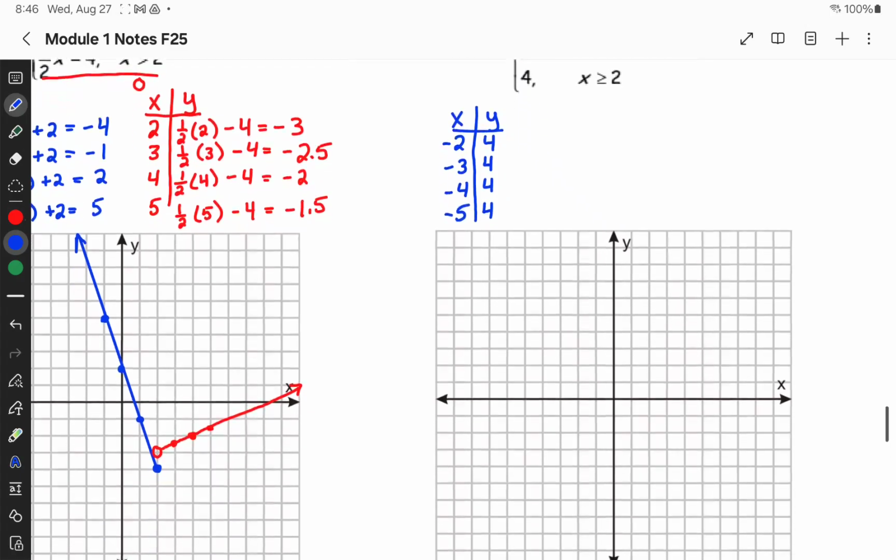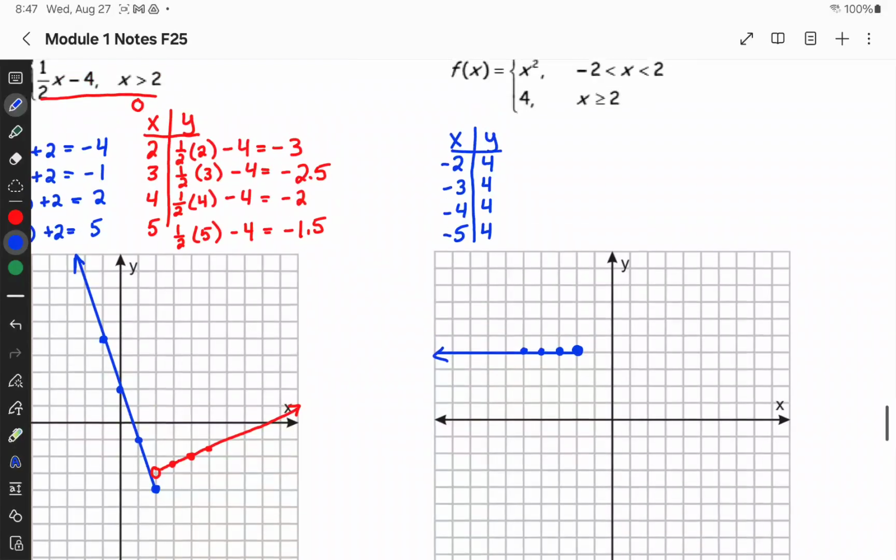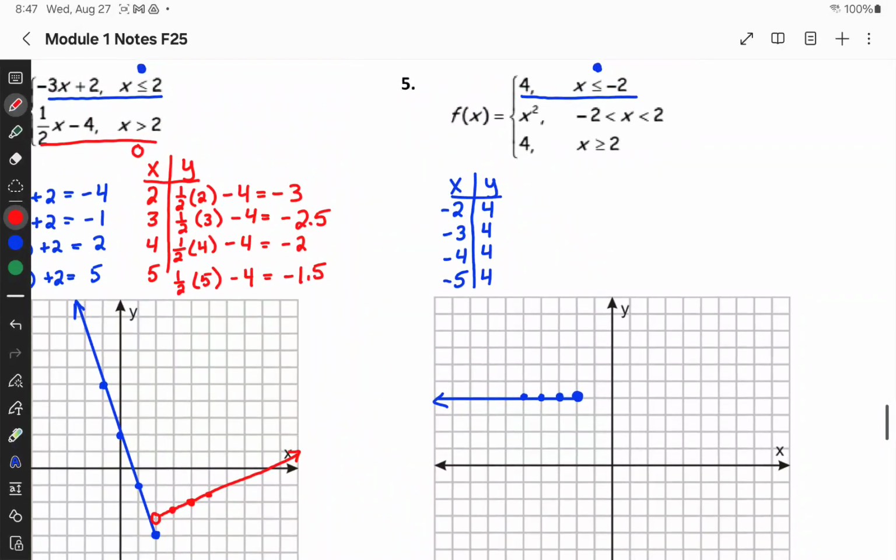So at negative 2 comma 4, I'm going to start with a closed point. And then negative 3 comma 4 would be right here, negative 4, 4, and negative 5, 4. And then really what this is going to look like is just a horizontal line going over and to the left.